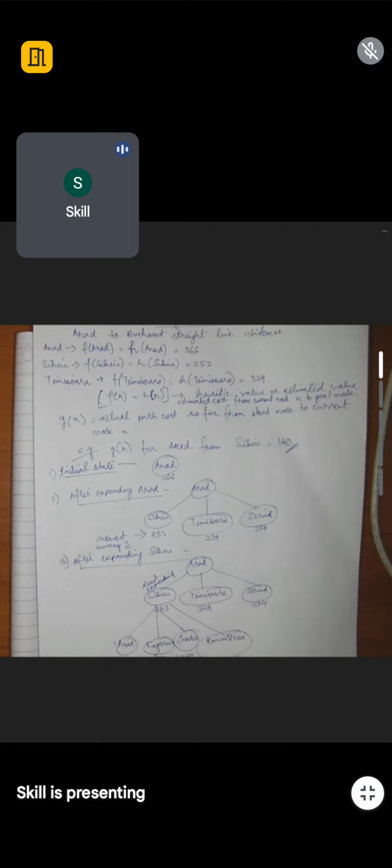And the actual path cost so far from the start node to the current node can be denoted as g(n). As I've already told, the actual distance is written there. It's somewhat different, you can see.